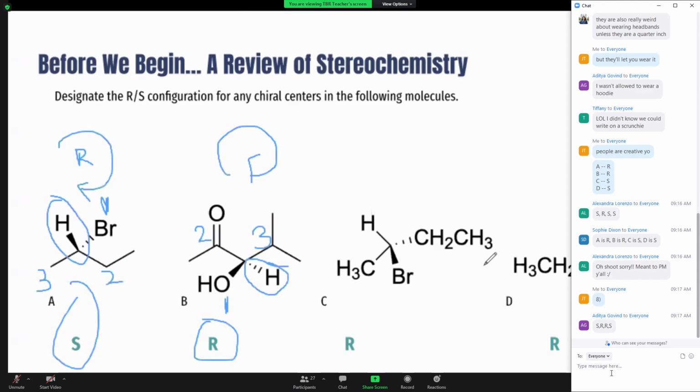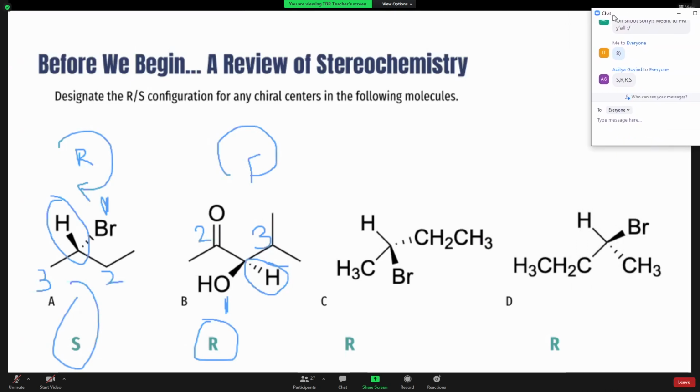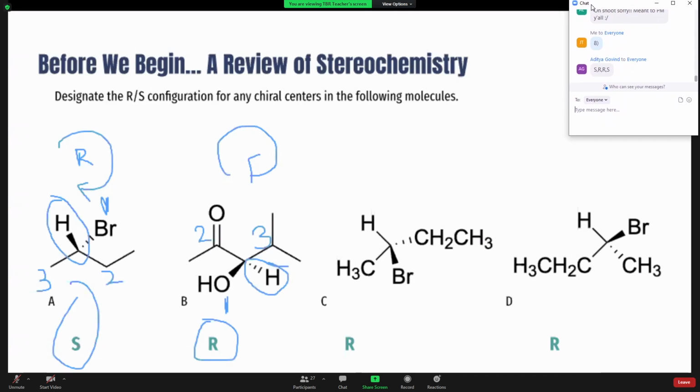For these ones, these are kind of tough for me. I am really bad with visual manipulation. So trying to spin things around in my head is quite possibly the worst thing you could ask me to do. So what I do instead is I actually learned this trick from the Berkeley Review book, but I look at the lowest group. So in this case, and for D, it's hydrogen.